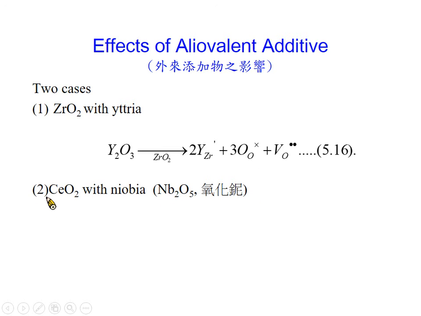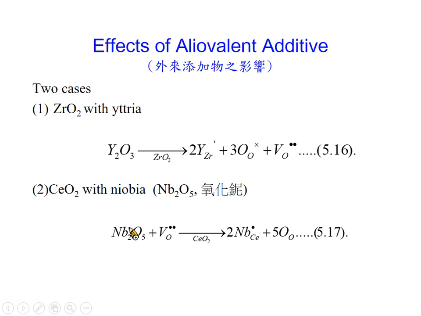How about the second case? Ceria doped with niobium. Niobium has a 5 plus valence. So we can write the equation. Try it yourself. Write down the equations. Okay, so we can look at this.